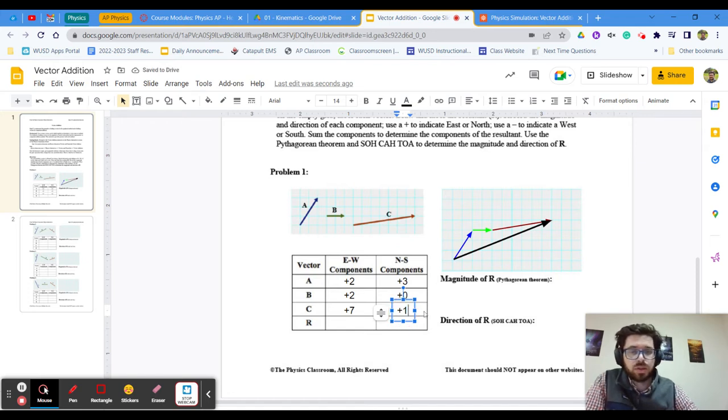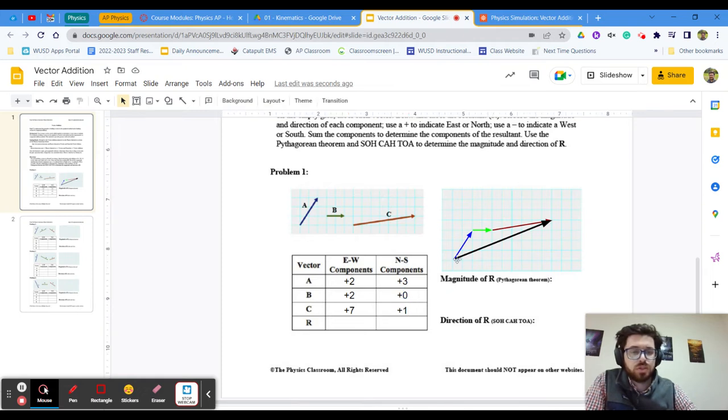And then very lastly, we're going to go ahead and do the resultant. So you can go ahead and just measure the resultant. So it's going to be 1, 2, 3, 4, 5, 6, 7, 8, 9, and 10 to the right. And 1, 2, 3, 4 north. So let's go ahead and put that.